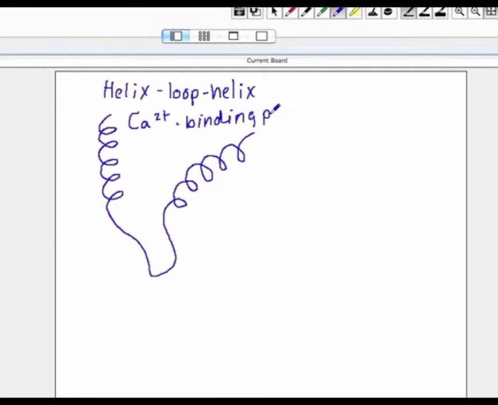So I want you to think for a minute, what does that mean about the types of amino acids that we might see in this particular protein? If it's binding calcium, what kind of amino acids would be likely to interact electrostatically or ionically with a calcium 2+ cation? How about these two?